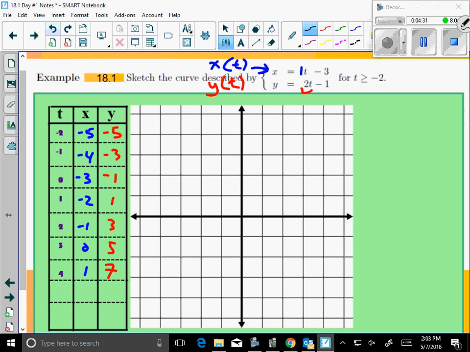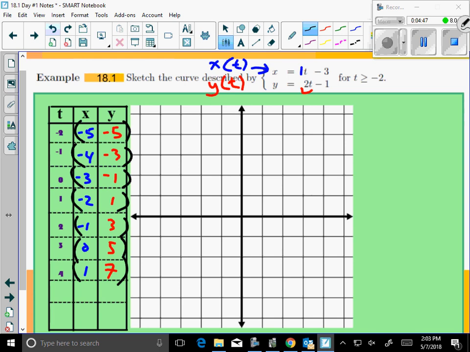Now what I've done is I've taken this parametric equation and I've found 7 ordered pairs for it. There are my xy coordinates for 7 points on that.